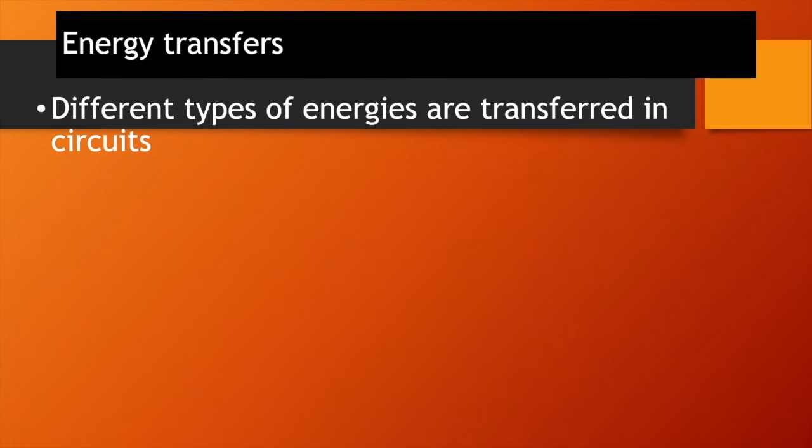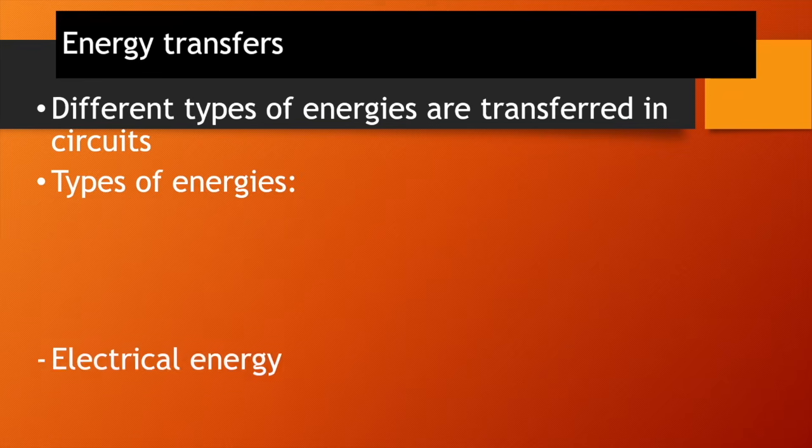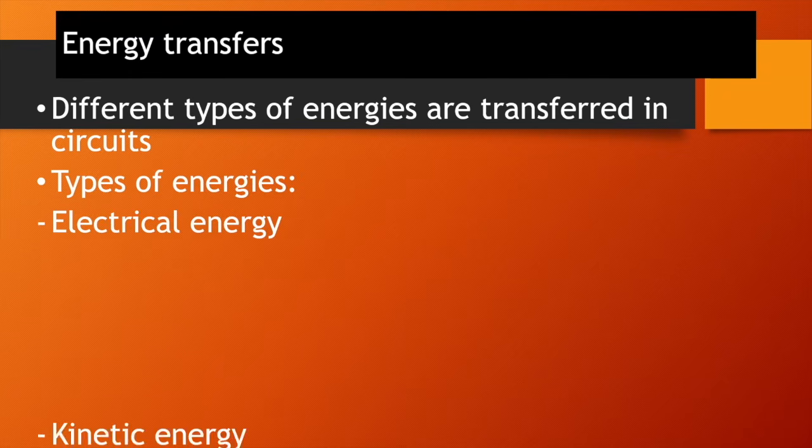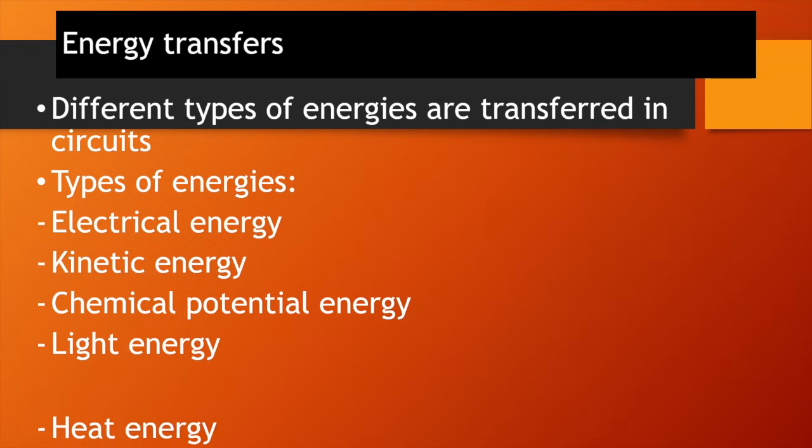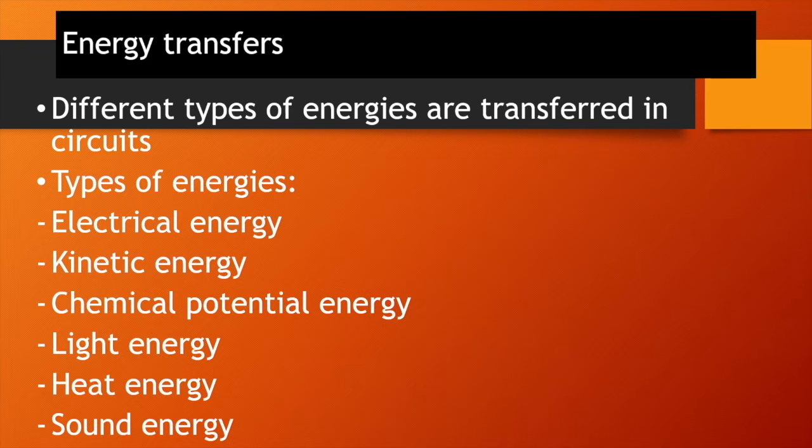When we speak about energy transfers in a circuit, there are different types of energies that can be transferred in a circuit. These types of energy are electrical energy, kinetic energy, chemical potential energy, light energy, heat energy, and sound. They will all be transferred from one type of energy.